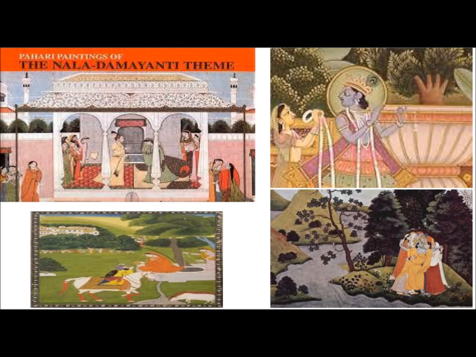N-A-Y-I-K-A, Naika Bheda, B-H-E-D-A. And what is Naika Bheda? Bharata Muni in his Natya Shastra has mentioned 8 kinds of Naika Bheda. Naika Bheda means a kind of classification depending on a romantic mood.